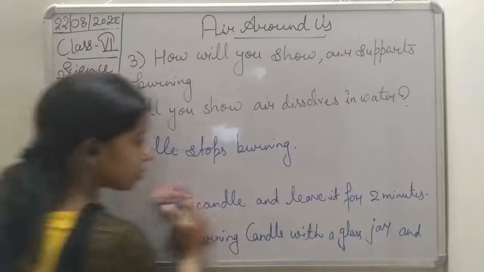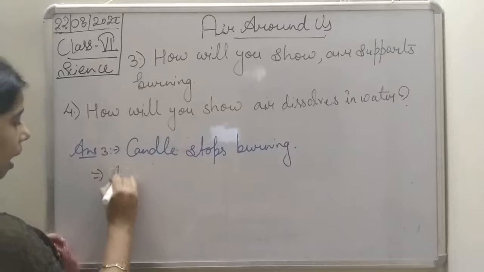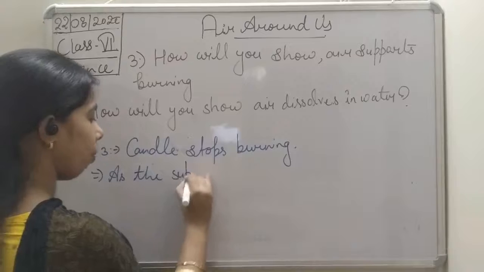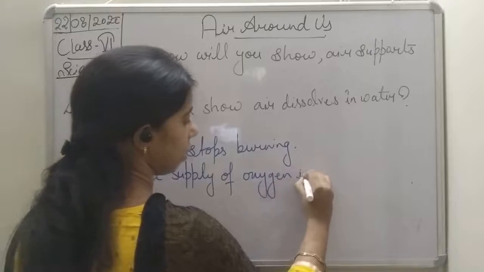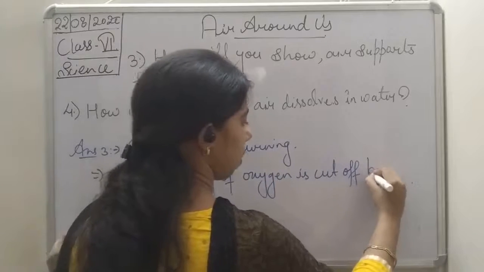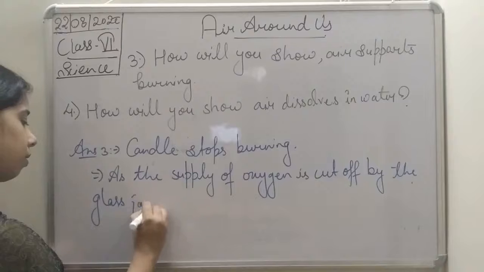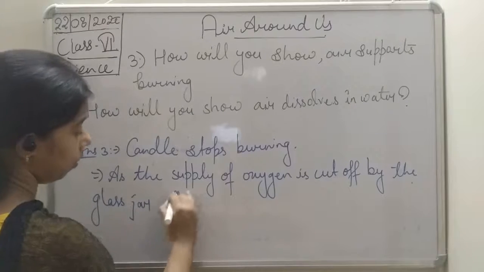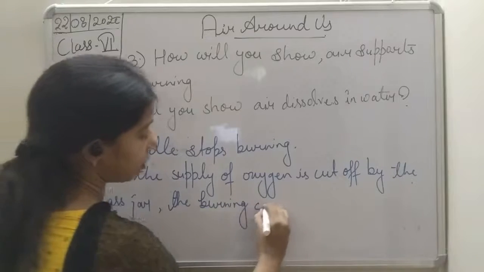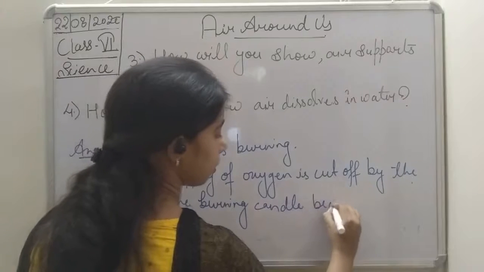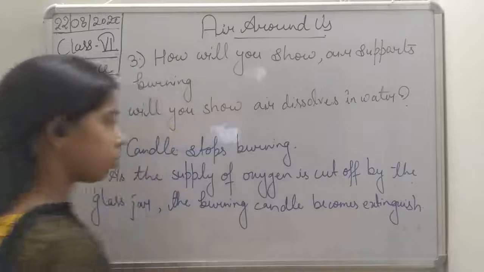Okay, so why is this so, students? It is because, so you will write it, as the supply of oxygen is cut off by the glass jar, the burning candle becomes extinguished, or the candle stops burning.